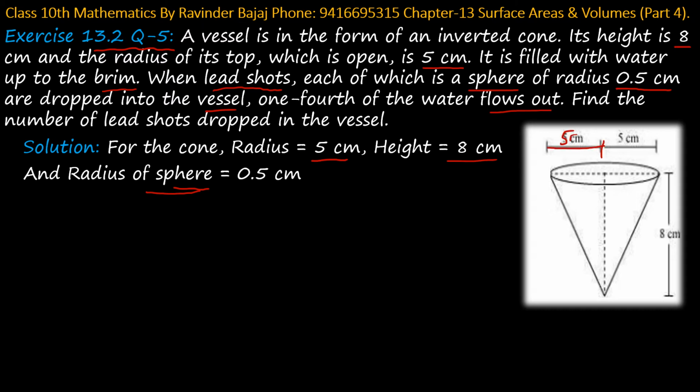Okay, and height is 8 cm. If we keep a container under it and this is filled with water up to the brim full. If I drop some shots into it, see, I am dropping some lead shots in it.